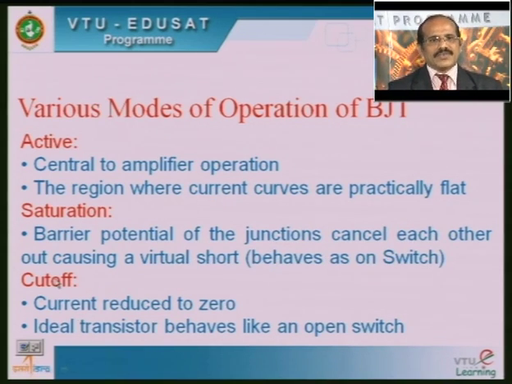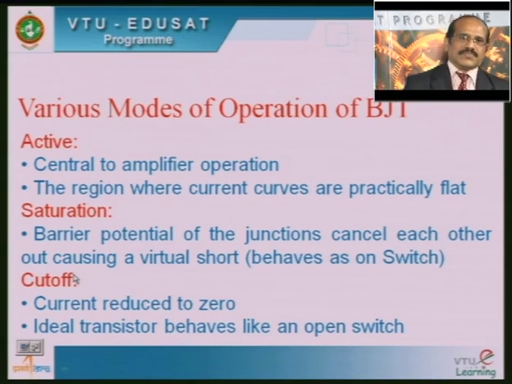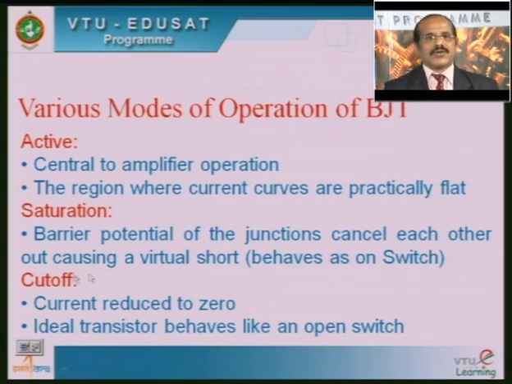Similarly, in the cutoff region, the current is reduced to 0. Here, as I told you, the emitter junction is reverse bias and the collector junction is also reverse bias, and this results in zero current in the bipolar junction transistor. Therefore the ideal transistor behaves like an open switch.